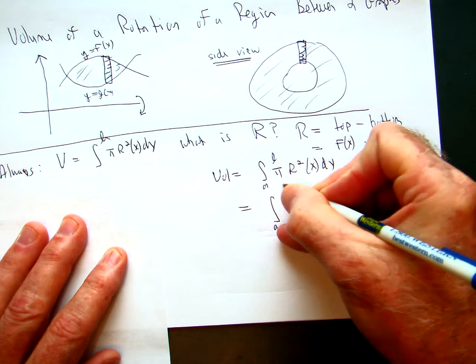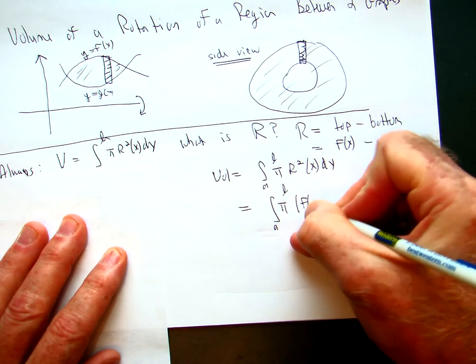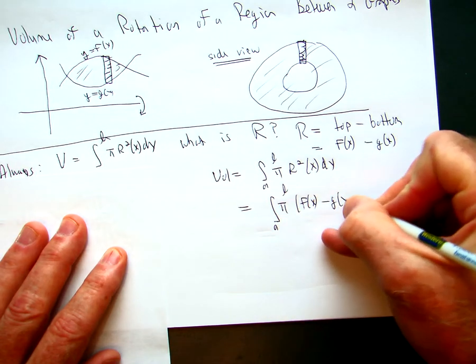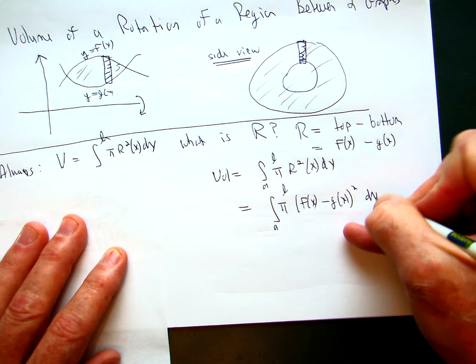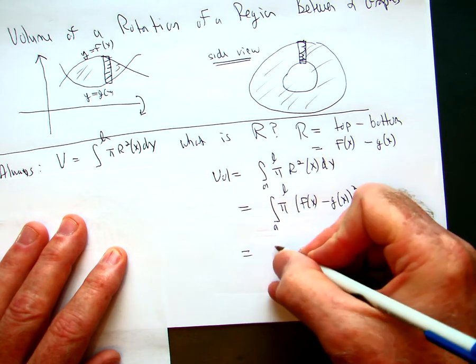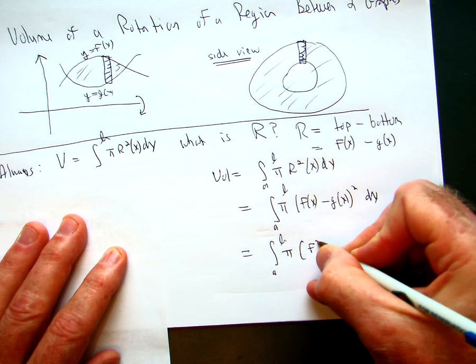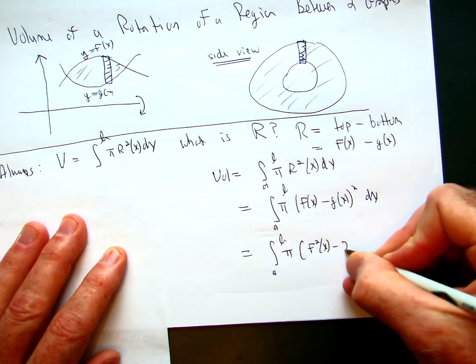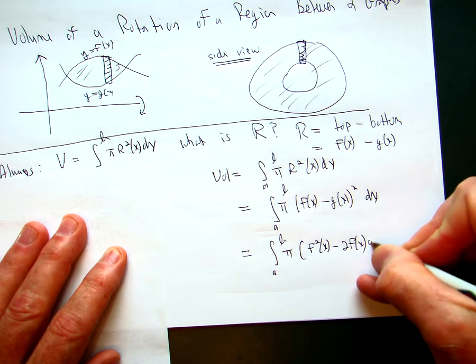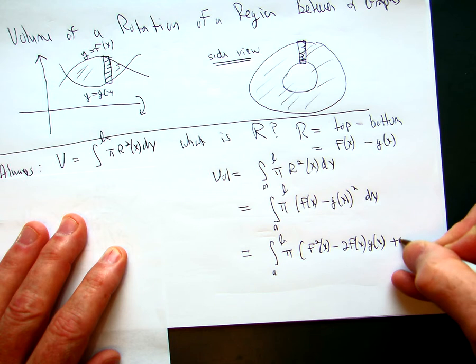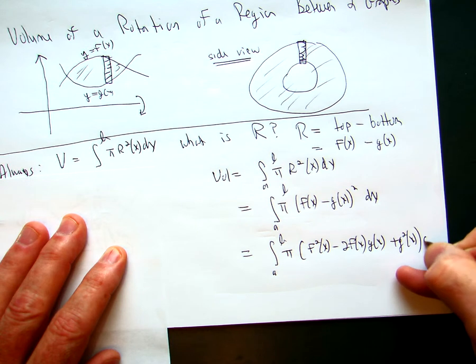That's going to be the integral from a to b of pi times f of x minus g of x, squared, dx. So if you square that out, you're going to get the integral from a to b of pi times f of x squared minus 2 f times g plus g of x squared dx.